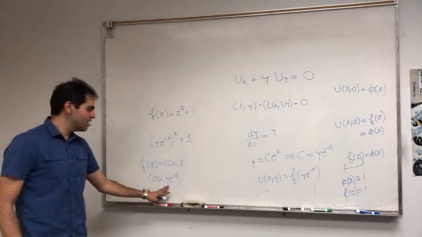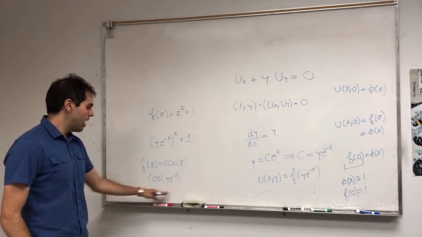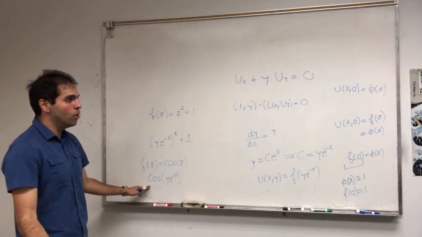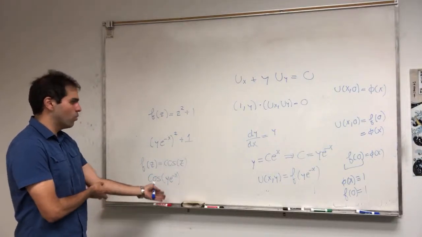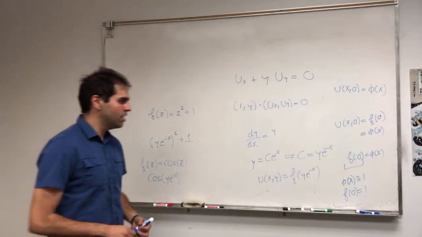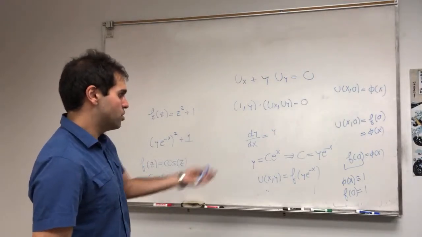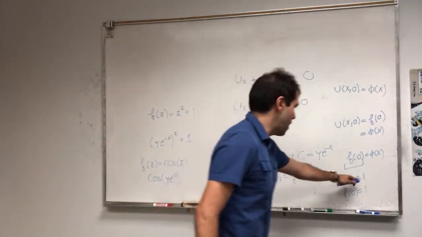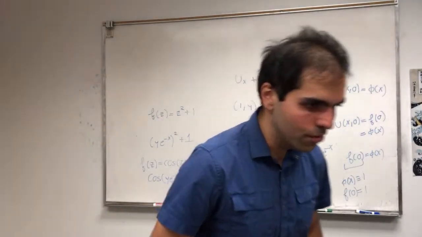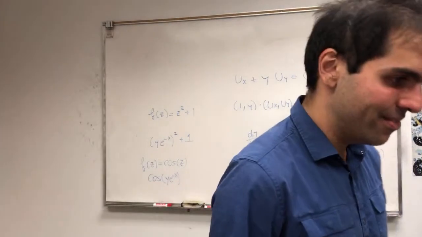It would still satisfy that if y is 0, then u of x,0 would still be 1, which is our function, which satisfies the boundary condition 1. So it makes sense, I think.